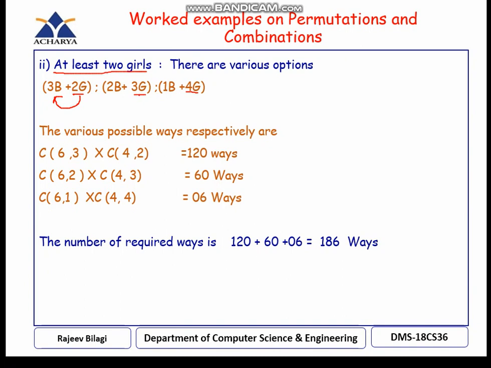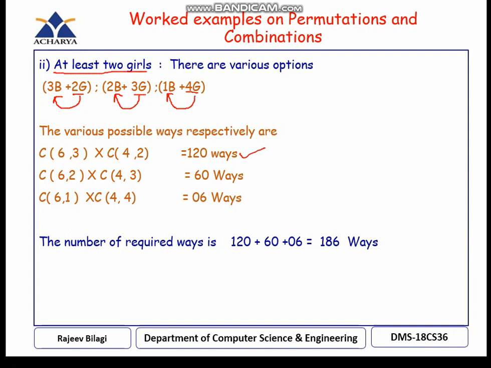If there are three girls, then the number of boys is only two. If there are four girls, then only one boy should be there in that particular team. So the first one, the number of possible ways where the council can be formed, is 6c3 into 4c2, which is 120 ways.